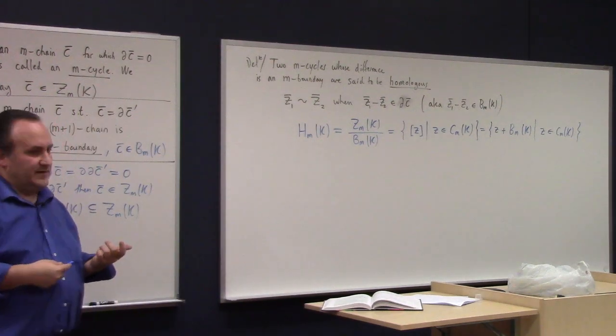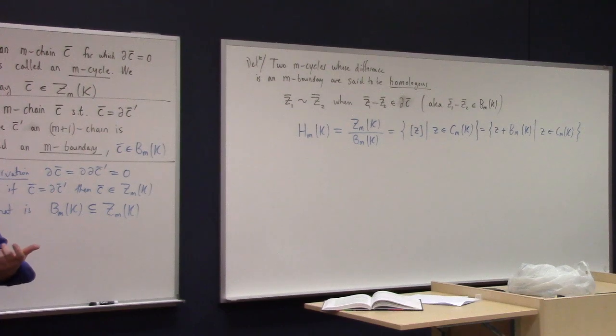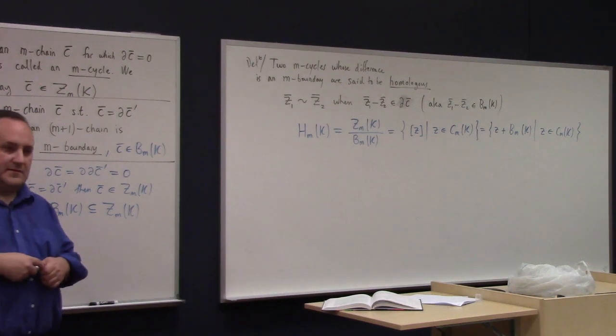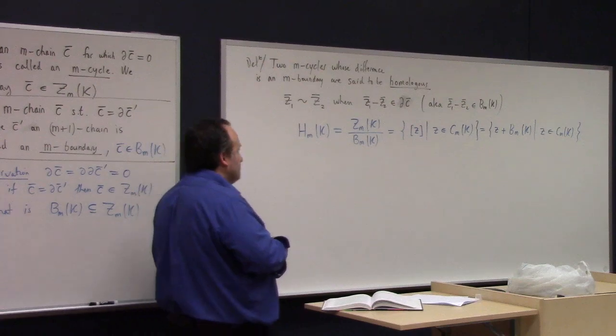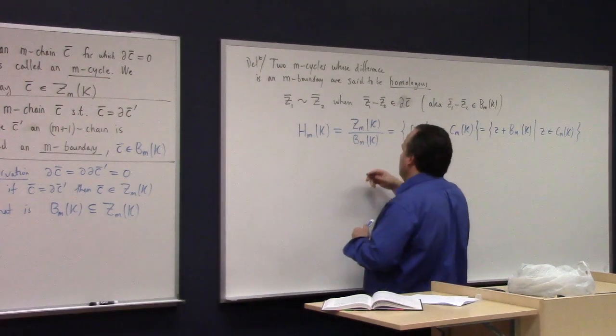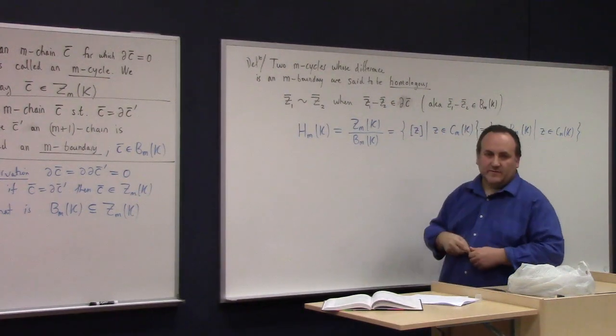I'm assuming that ZMK is a vector space, right? And also that BMK is a subspace of that vector space. And so is that even clear from what we're doing?